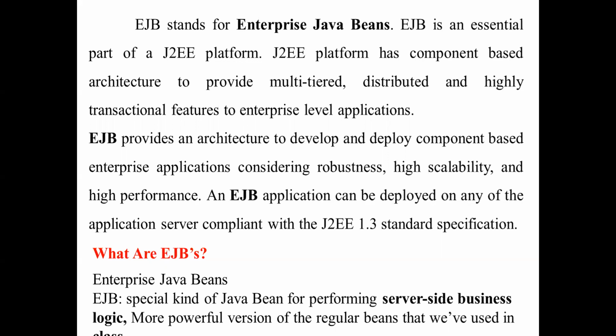In that case, we have to use EJB applications. Then what is EJB and where should it be used? EJB is an application we can develop on any application server compliant with J2EE components, with version 1.3 of the standard specification. This is the history of how EJB was developed.